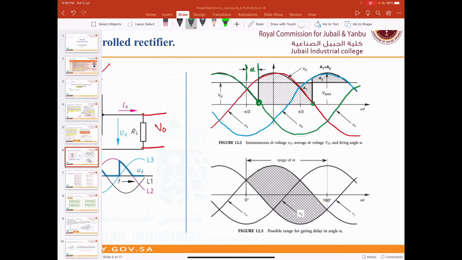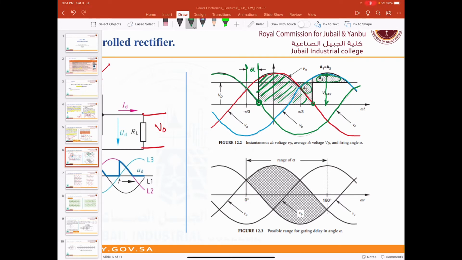And then this area can be found for the V out. So V out here, and also this area approximately to this area, then we can find the V maximum. This is the V maximum here, guys.